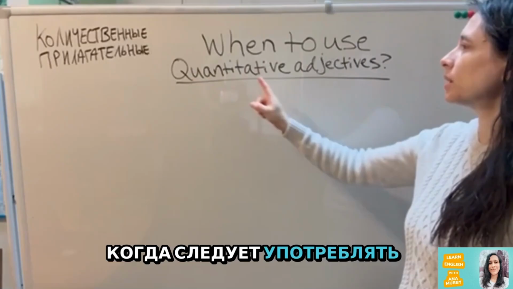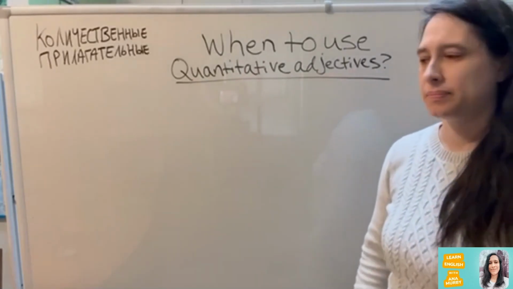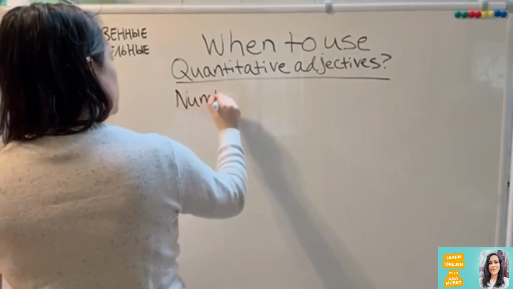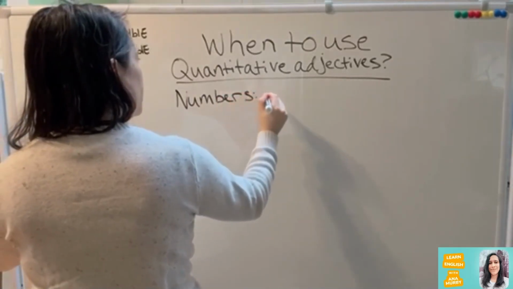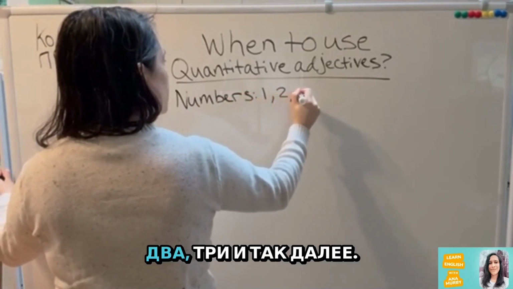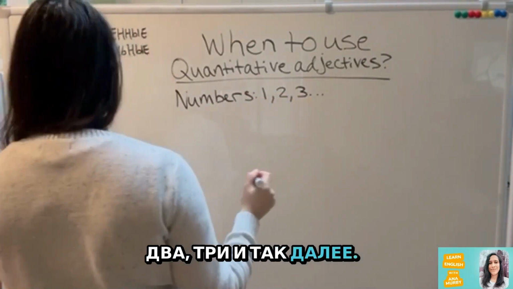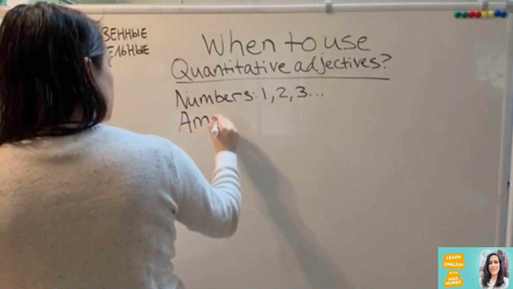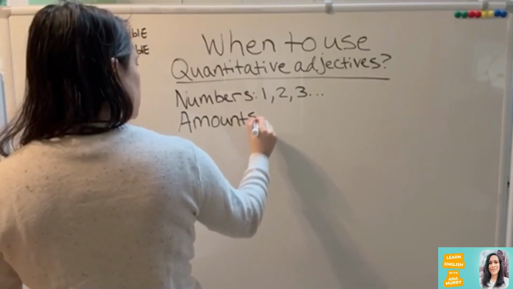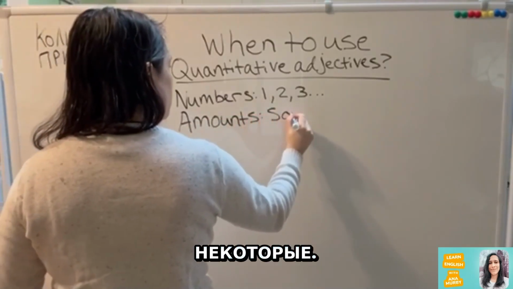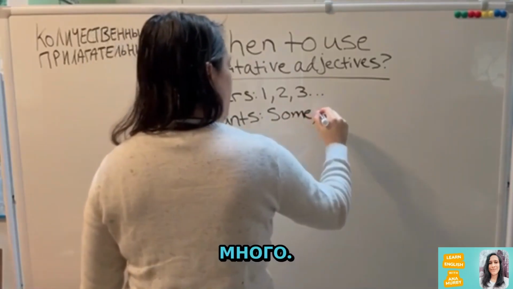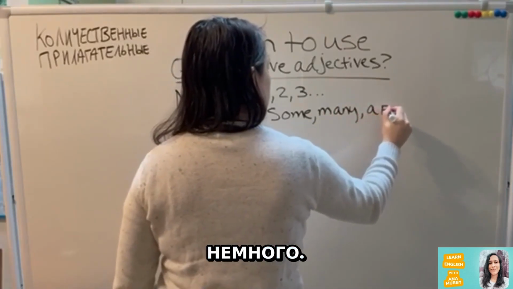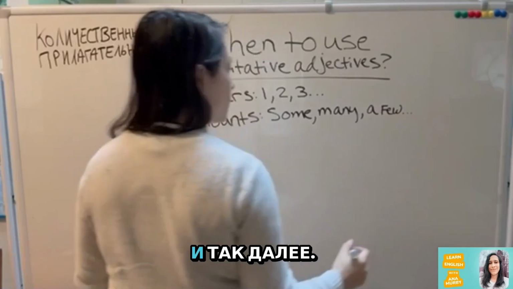When to use quantitative adjectives. You use them with numbers, 1, 2, 3, and so on. You use them with amounts, some, many, a few, and so on.